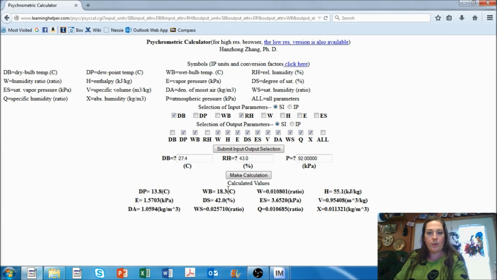So wet bulb temperature, 18.3 degrees Celsius. And our dew point temperature is 13.8 degrees Celsius. And our enthalpy, 55.1 kilojoules per kilogram of dry air.